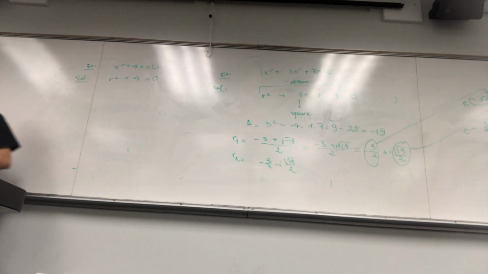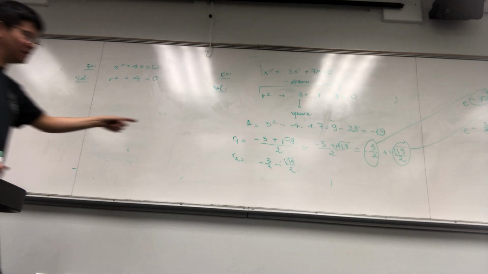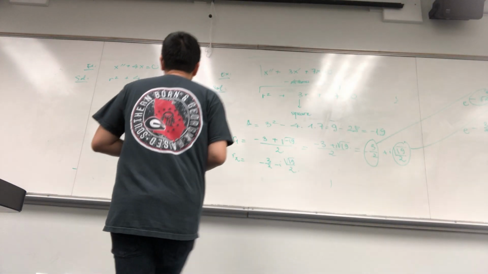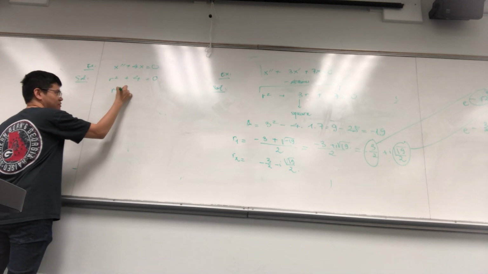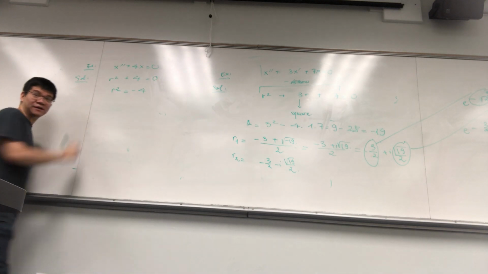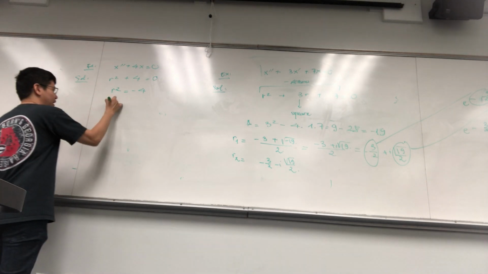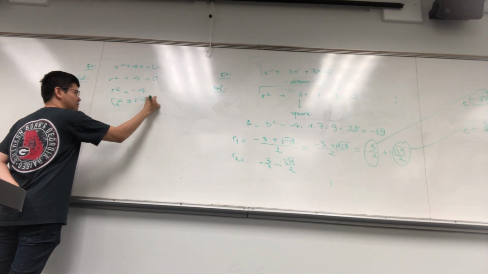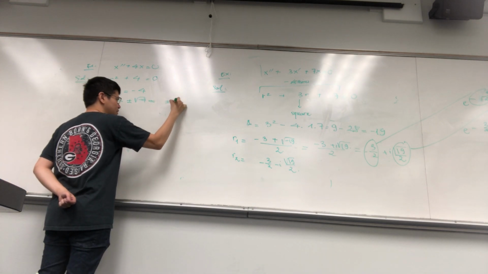What are the two solutions of this equation? For this one, you don't even have to compute the delta, so this is straightforward. The solutions are positive 2i and negative 2i. In this case, you don't even need to use the formula because r squared is minus 4, which means that r1 and r2 are plus or minus the square root of minus 4, which gives you plus or minus 2i.